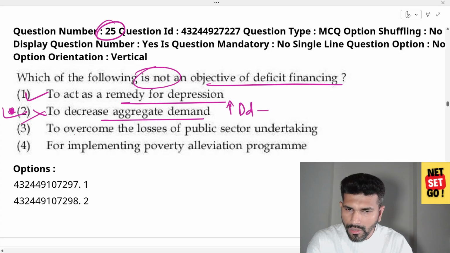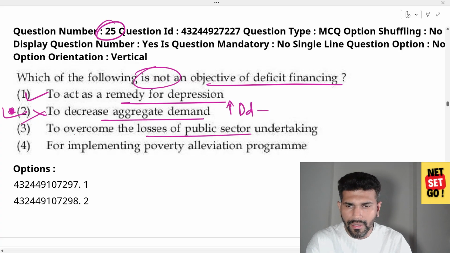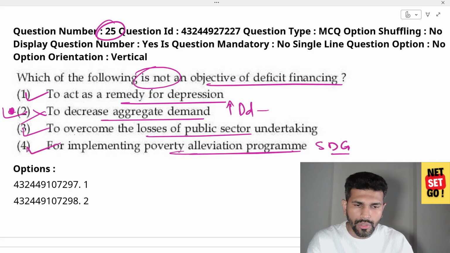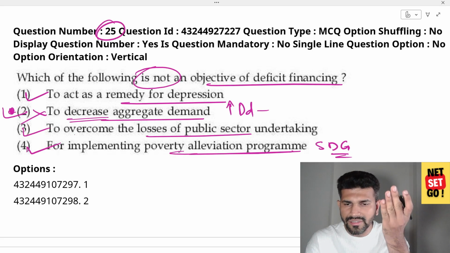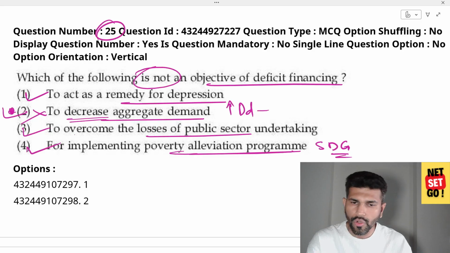To overcome the losses of public sector undertakings, correct, deficit finance is used for that also. For implementing poverty alleviation programs, correct. That is SDG and MDG goal also. So option 2 is the correct answer. It is not the objective of deficit financing. Not to decrease aggregate demand, but to increase aggregate demand and boost the economy.